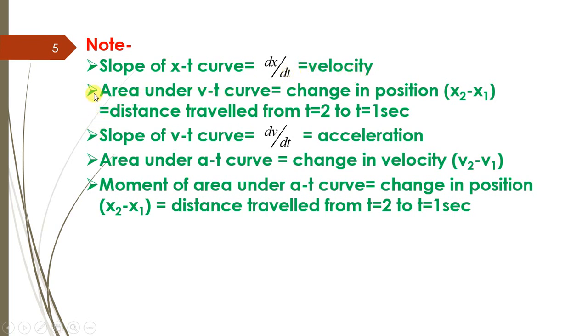Similarly, from the v-t curve, the area under the v-t curve is equal to the change in position, that is x2 minus x1, or we can say the distance travelled from t equals 1 to t equals 2, and the slope of the v-t curve is dv by dt, which is the acceleration.